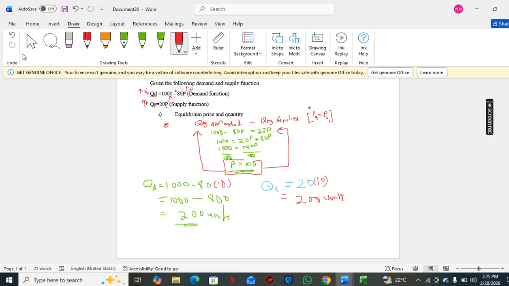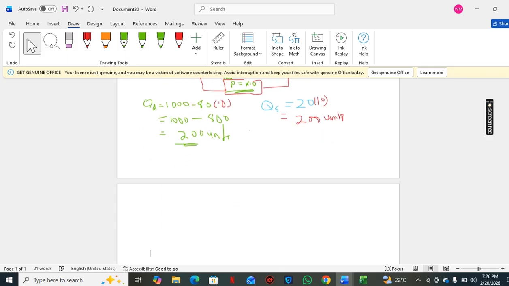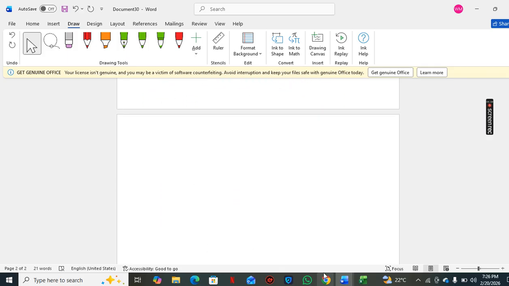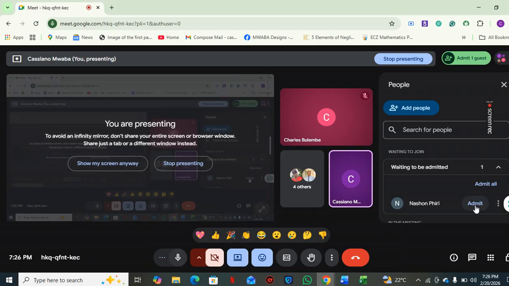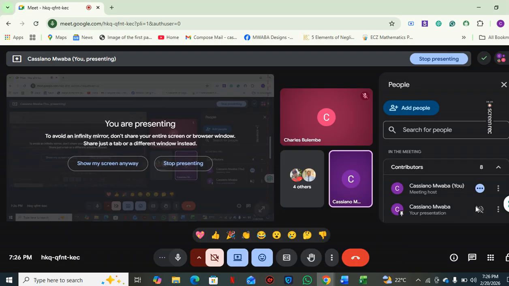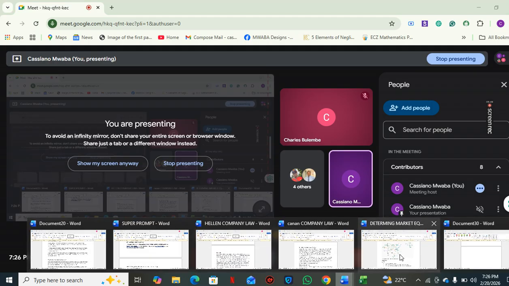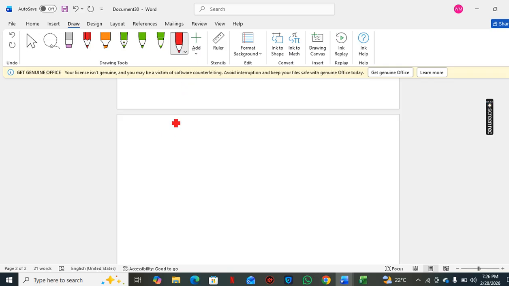So we can illustrate this graphically. We have price here, we have quantity demanded.